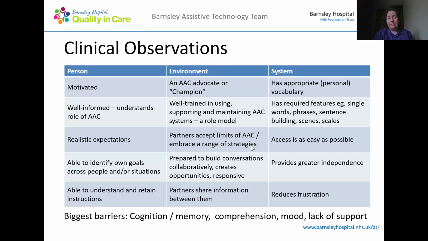And then lack of support is a big one, I think. Like I said before, sometimes people have the expectation that this device is going to come in and completely change everything, and they don't necessarily need to be doing lots of support alongside it. That's why I say it is a joint tool. It's not really designed to be used on its own to support that person. The people around the person are really important.